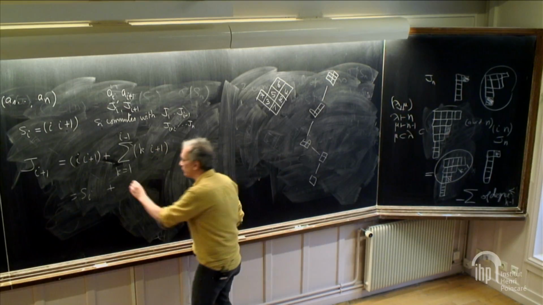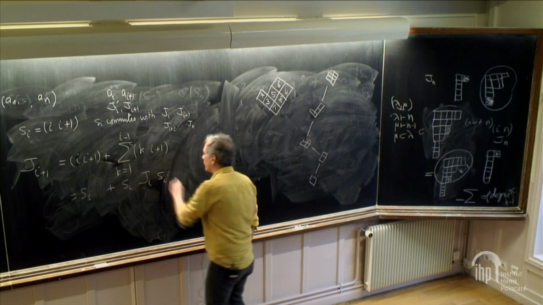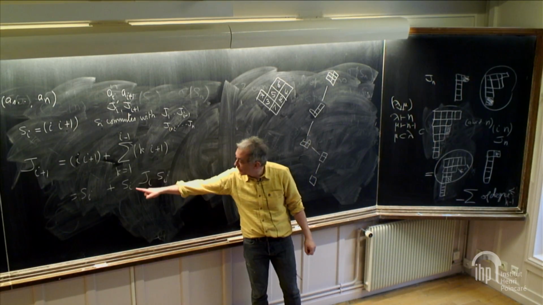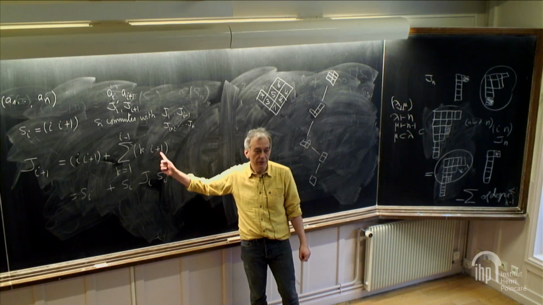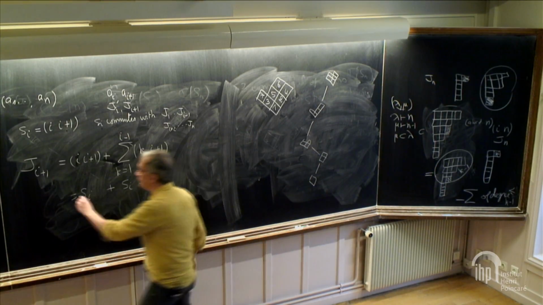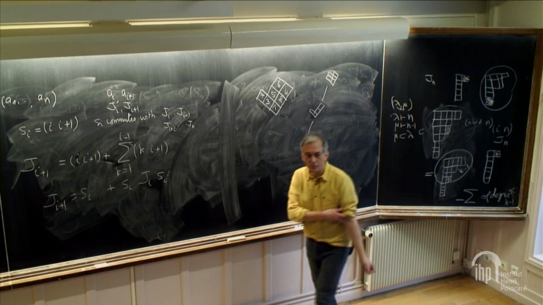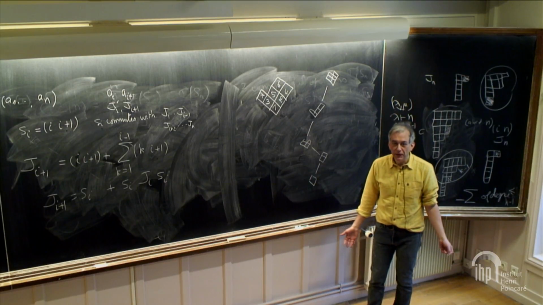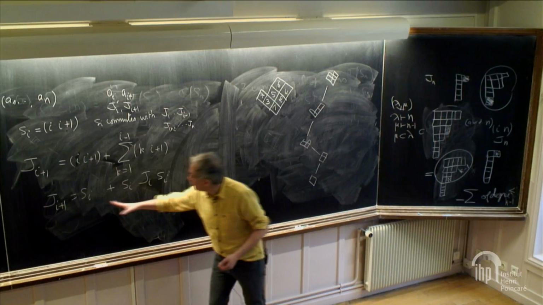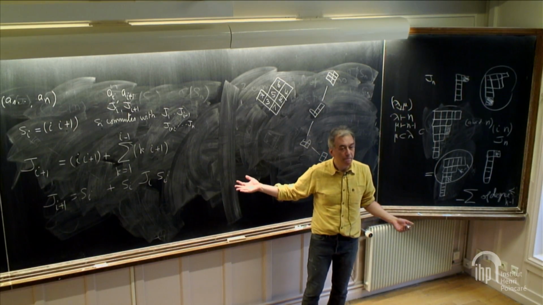But, okay, what I can do is I can make just a conjugation. And this has the effect of just replacing in Ji the i by i plus 1. Okay? So there is this very simple relation between these three operators. Okay. And now if I want to understand the action of these three operators, you see that this relation does not depend on i, actually. It is the same relation for every i.